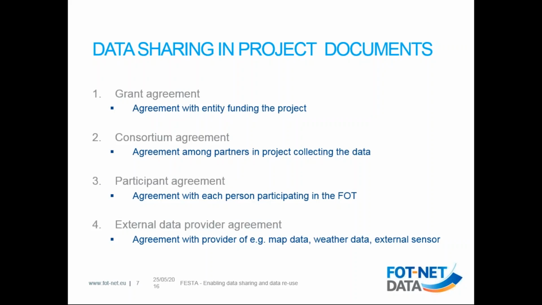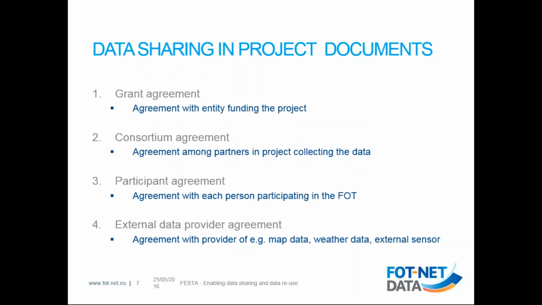And maybe the most neglected agreement is the one with the external data provider. Here the agreement is with a map provider or a weather provider. It could also be an external sensor with a supplier that supplies you with an external sensor.